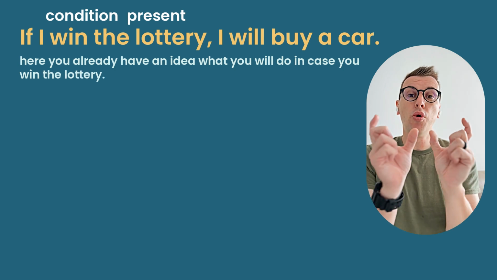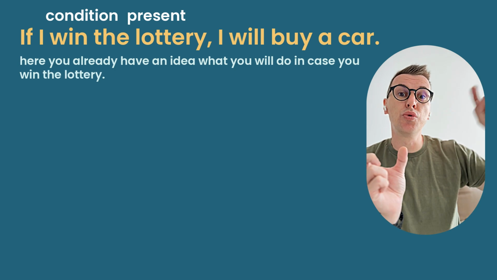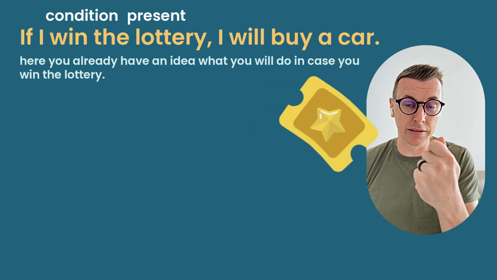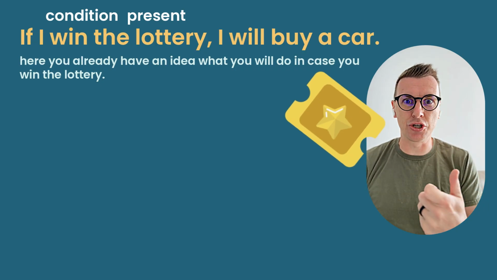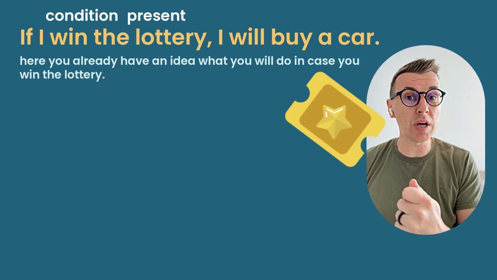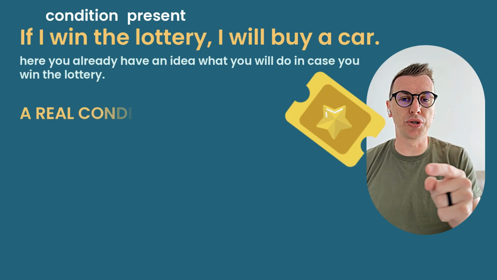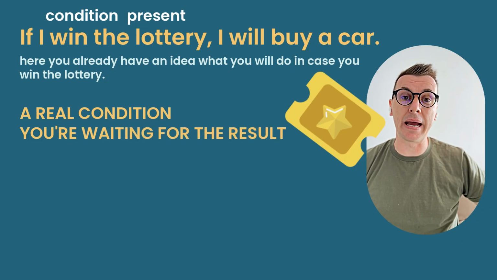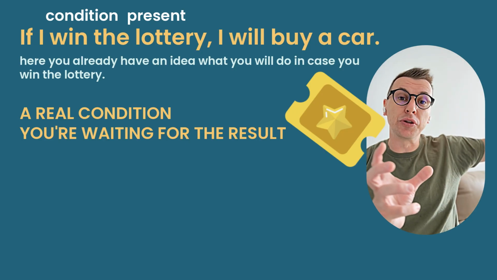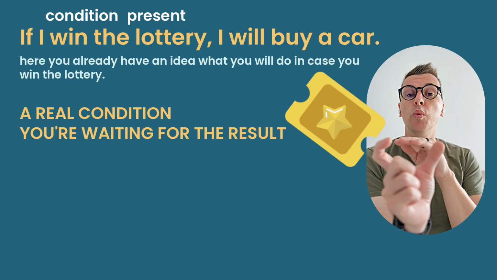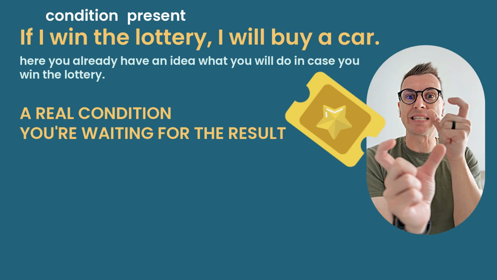So even though both parts refer to the future, so you probably have the lottery ticket, which makes this conditional a real conditional, but you're just waiting for the result. So if you win the lottery, you know what you're gonna do with the money. You will buy a car. So all of it refers to the future, but the if part we still use with a present simple.